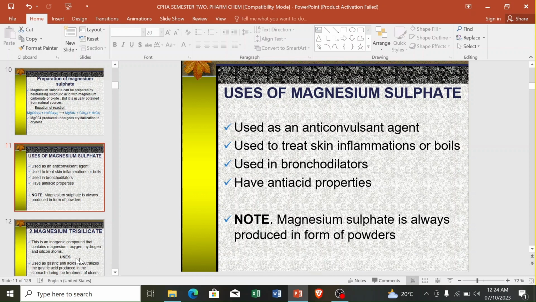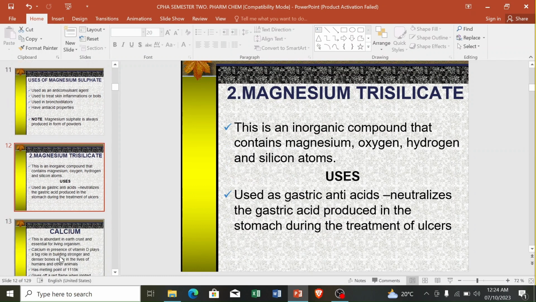We have majorly 3 types of dosage forms: liquid, solid, and gases. Under solid we have semi-solids, and under liquids we also have other different sections. So this takes us to magnesium trisilicate. This is an inorganic compound that contains magnesium, oxygen, hydrogen, and silicon atoms.